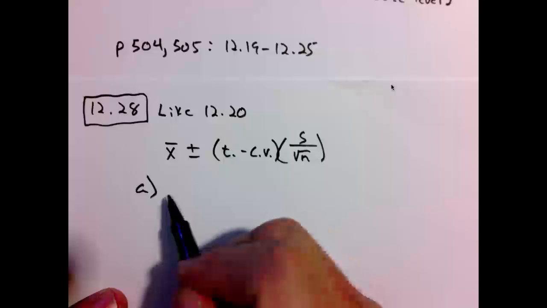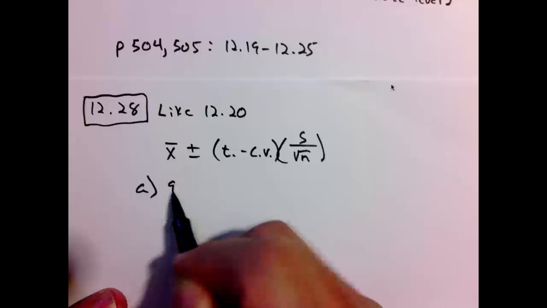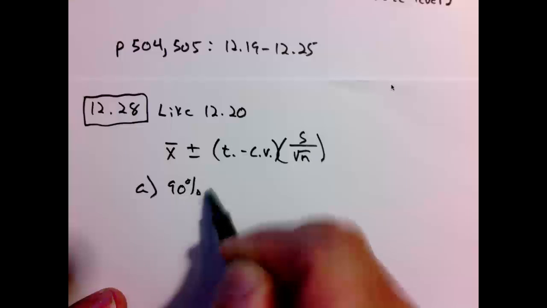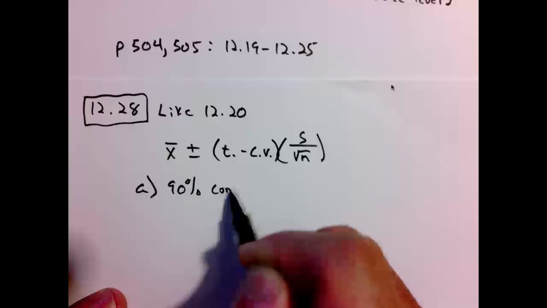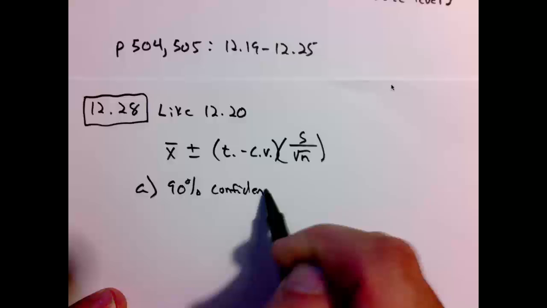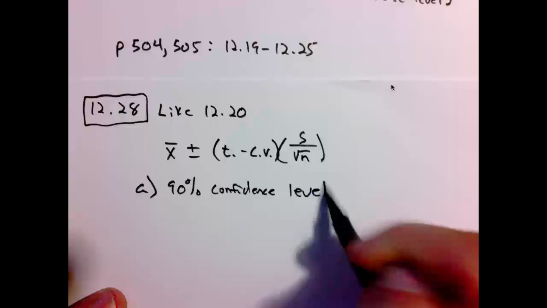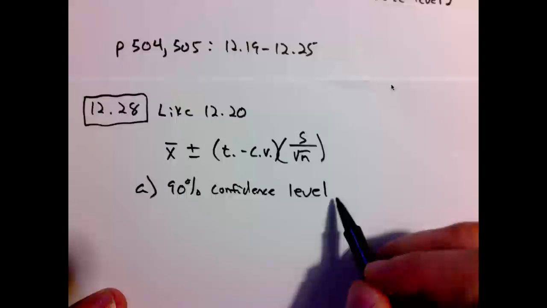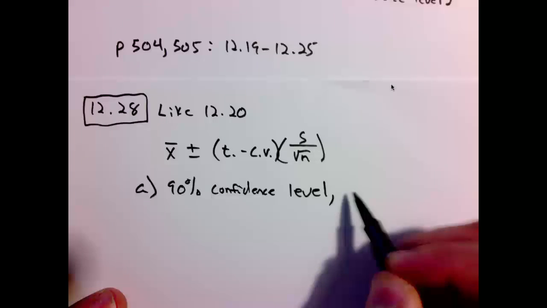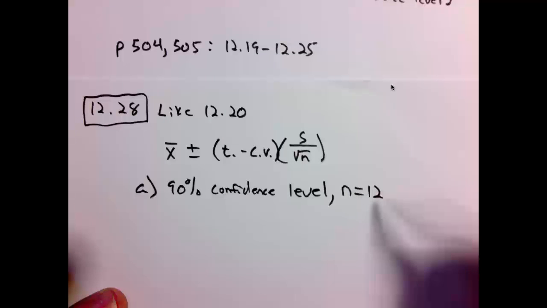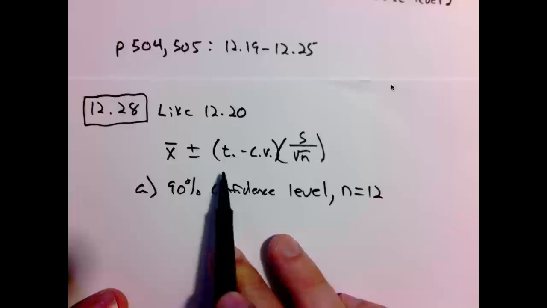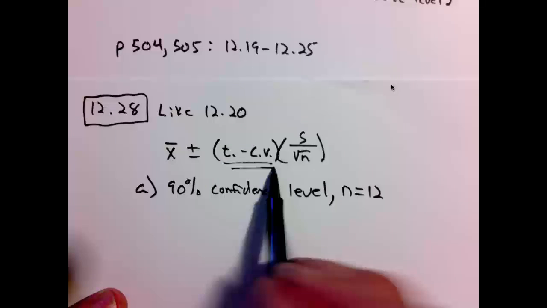A says we're looking for a 90% confidence level, and we have an n equal to 12. We're looking for this t critical value.